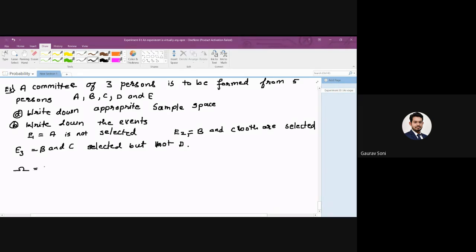How many elements are going to be there? Anyhow, we will need the combinations. 60. So 5C3. Out of 5, you're choosing 3, right? So 5 factorial over 3 factorial times (5 minus 3) factorial, which is 10.